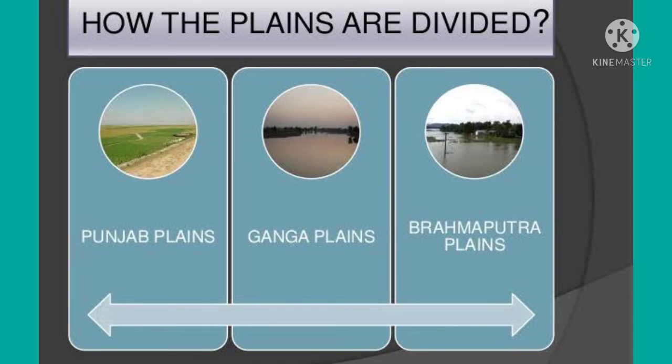But in short, we can say these are formed by alluvial deposits brought by the rivers Indus, Ganga and the Brahmaputra. These plains extend up to 2400 km from east to west. The average width is about 150 km to 300 km.